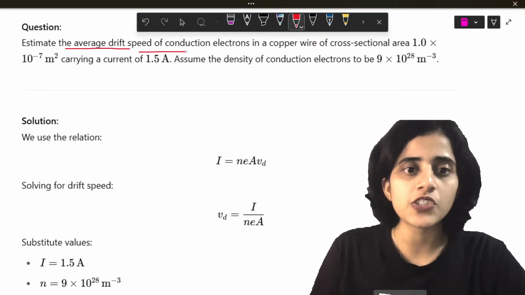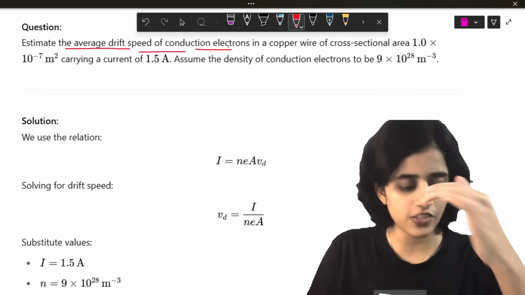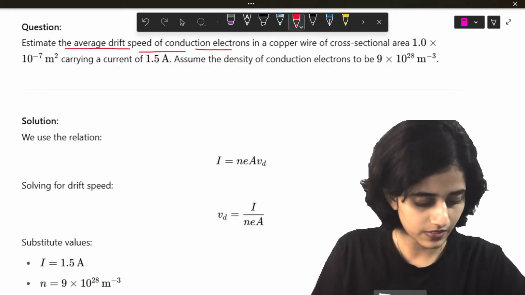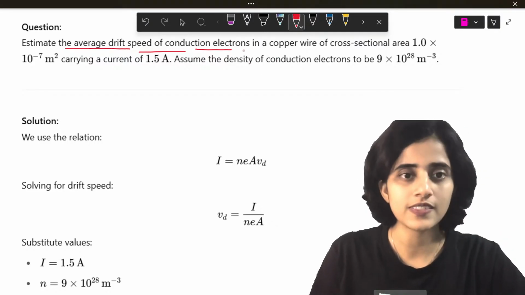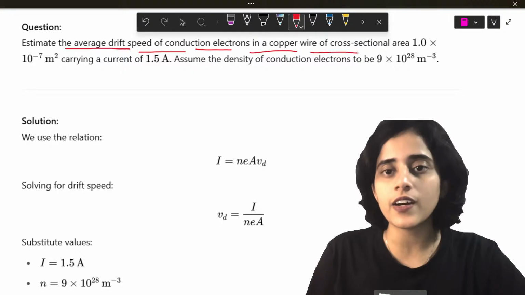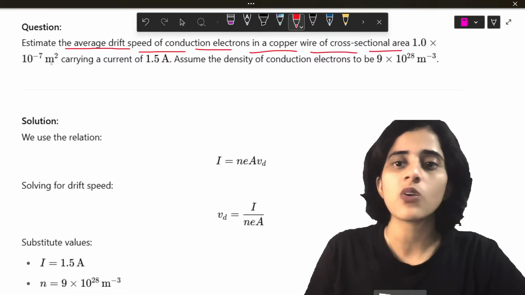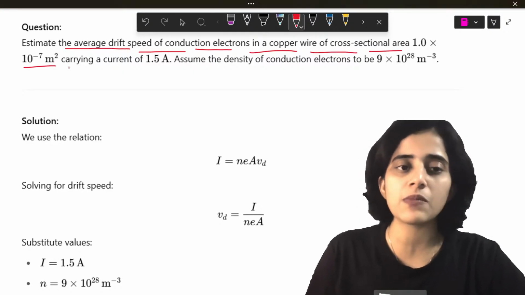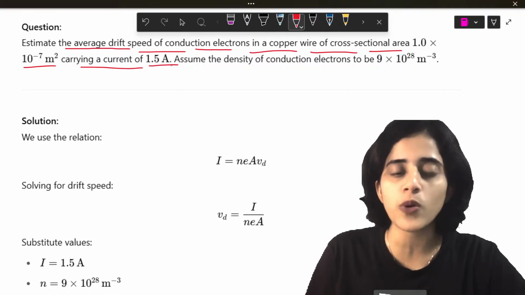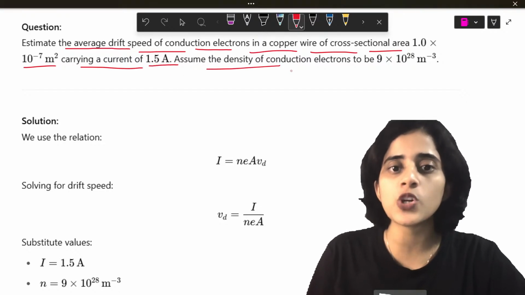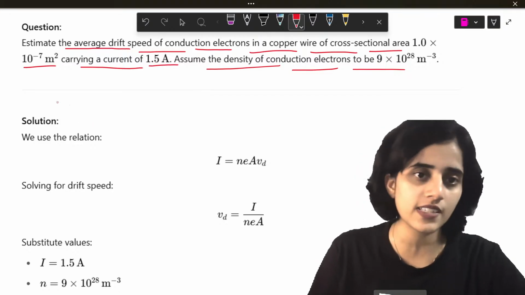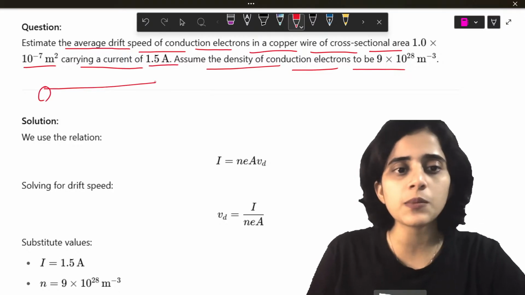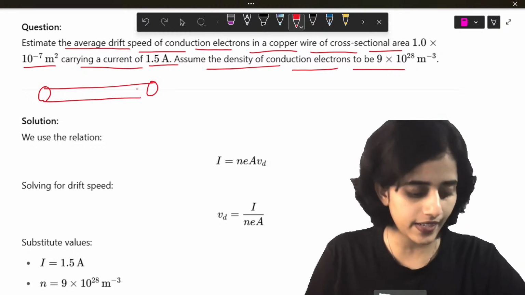Estimate the average drift speed of conduction electrons in a copper wire of cross-sectional area 1 into 10 raised to minus 7 meters square carrying a current of 1.5 amps. Assume the density of conduction electrons to be 9 into 10 raised to 28. So there are some electrons inside a copper wire.